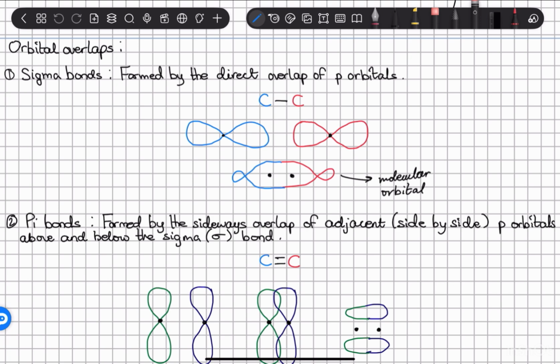Alright, so the first bond we have is called a sigma bond. A sigma bond is formed by the direct overlap of p orbitals. We know carbon is atomic number 6.